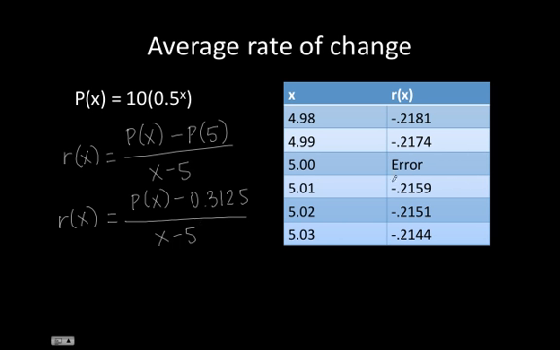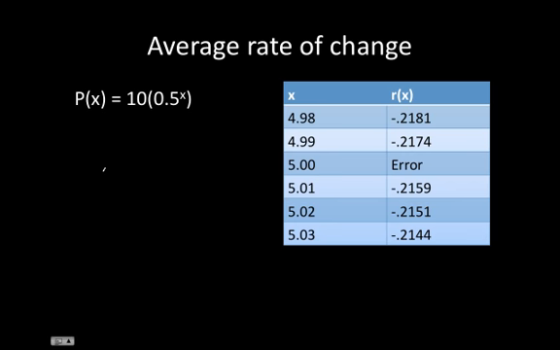So that's why we can't plug in 5 directly, and instead we have to stick with numbers really close to 5, such as 5.01, 4.99, or if you wanted to be even more accurate, 5.00000001.